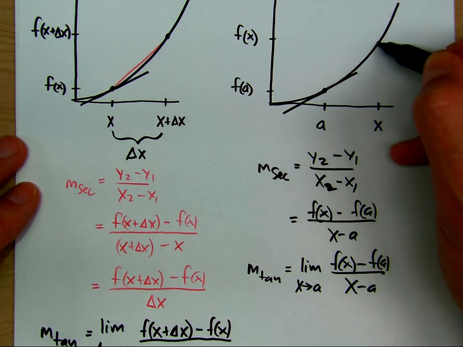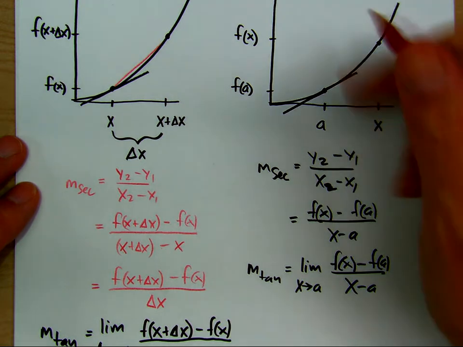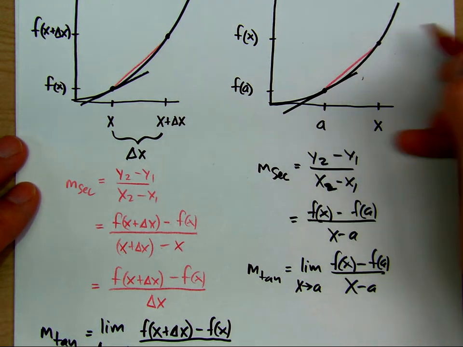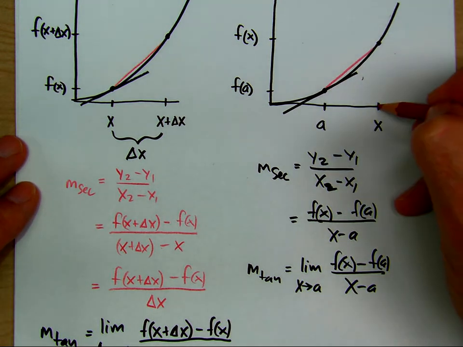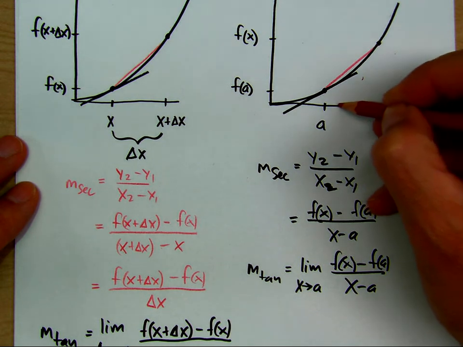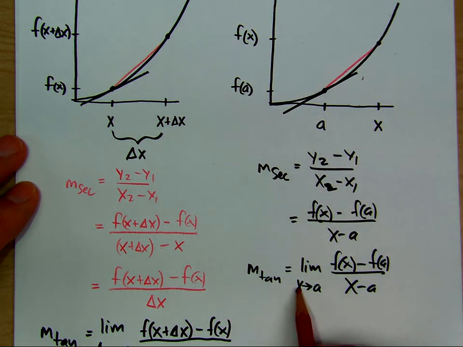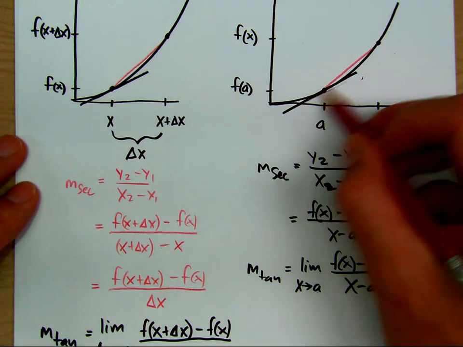We start with a secant line going all the way out to some point over here. We want this x value to work its way back towards a, and that's what this is saying. x approaches a, and then this slope will approach the slope of the tangent line.